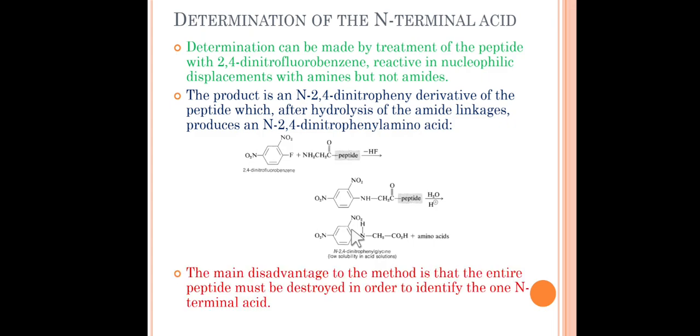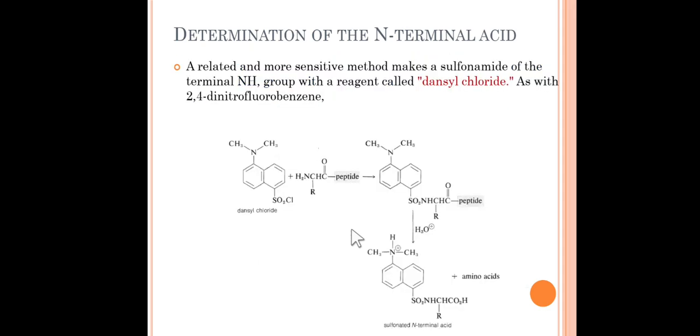So friends, this method has a bit of a disadvantage: the entire peptide must be destroyed in order to identify the one N-terminal amino acid. So this is the disadvantage of this method using 2,4-dinitrofluorobenzene. So what other methods are used to identify the N-terminal amino acids? The second method is simple.